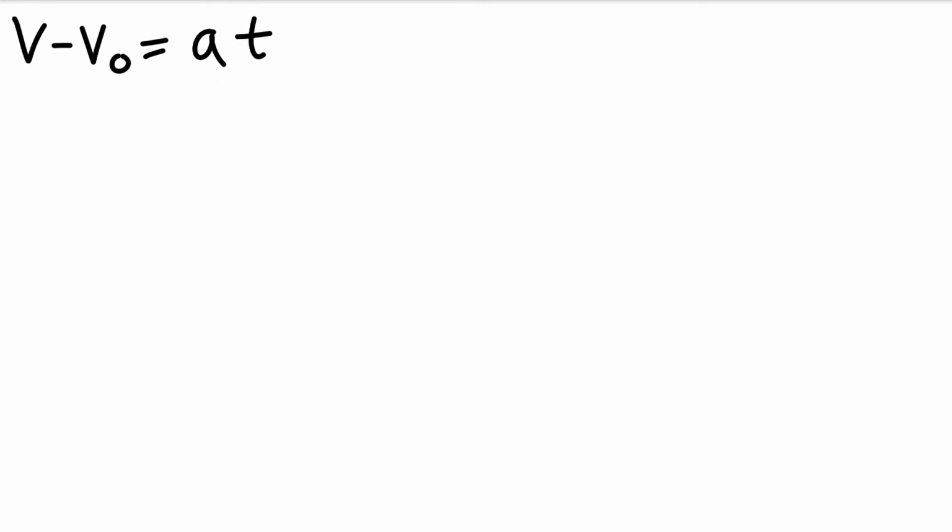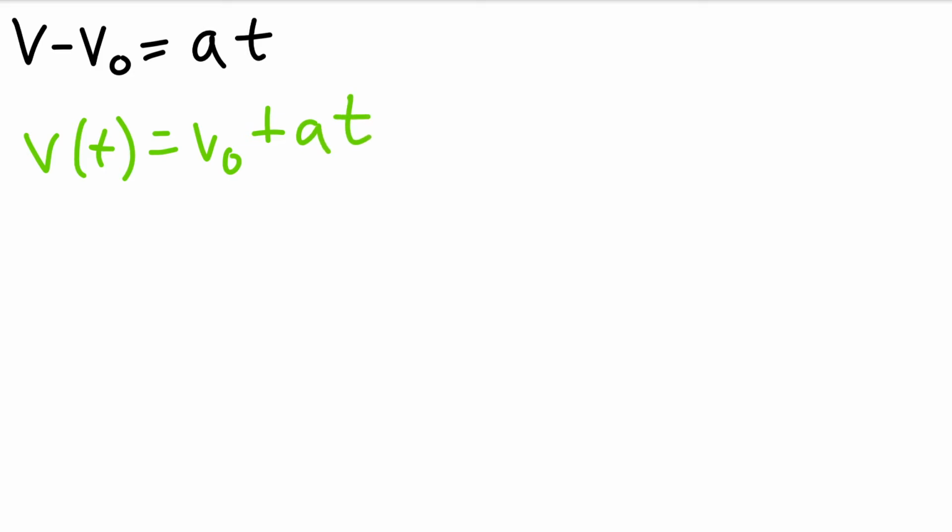And in doing so, we have v minus v naught equals a t. Or our first kinematics formula, v as some function of t equals that initial velocity plus acceleration times time.